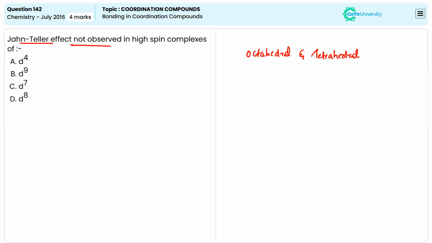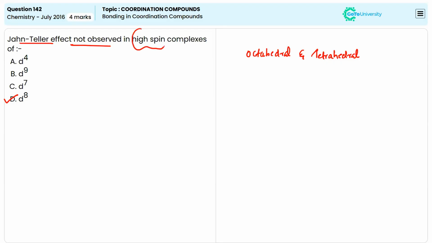Now we have to see the correct answer here. That is, the Jahn-Teller effect is not observed in which of the complexes. So in unsymmetrical octahedral geometry, the Jahn-Teller effect causes distortion, right? So in a d8 complex, the Jahn-Teller effect will be absent.